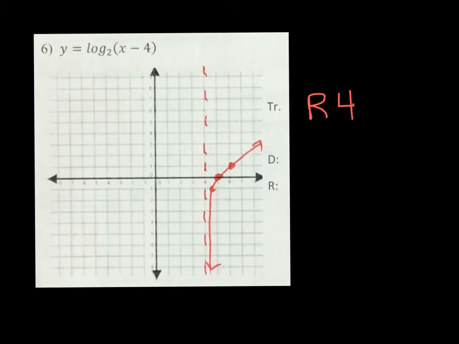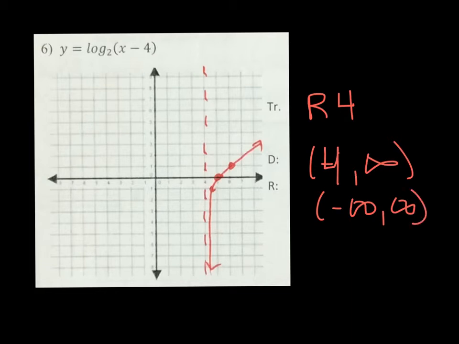Here is the function after we've moved it to the right, the change in the asymptote, change in the points. And the domain is open on 4 to infinity, and the range negative infinity to infinity.